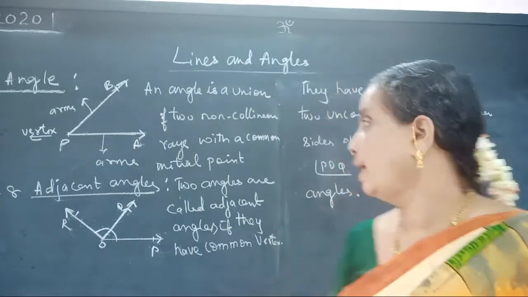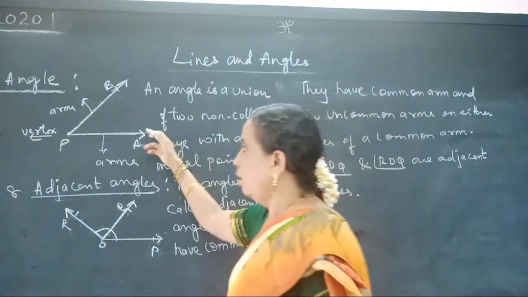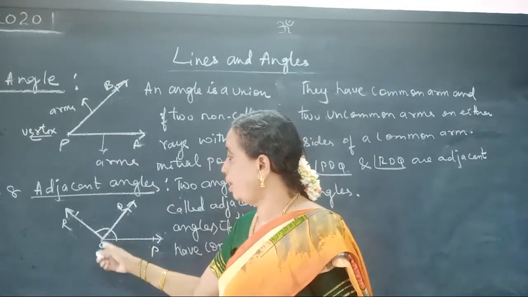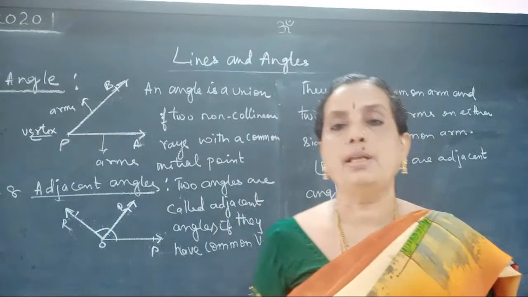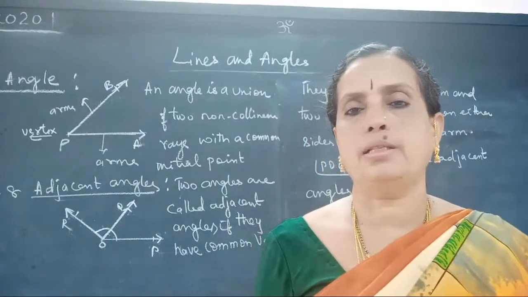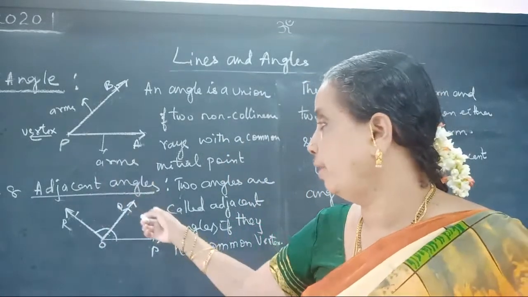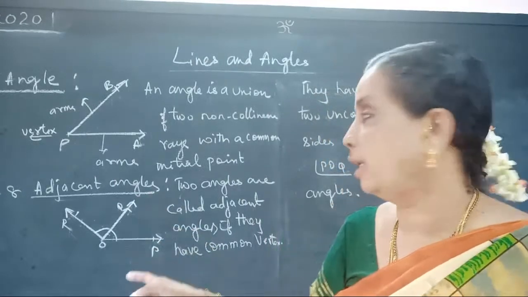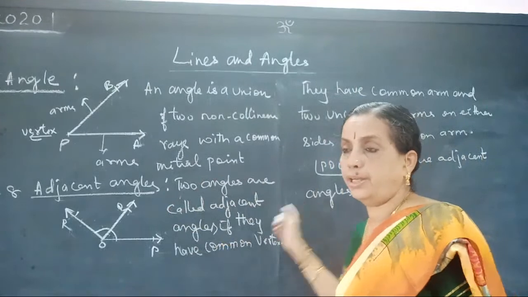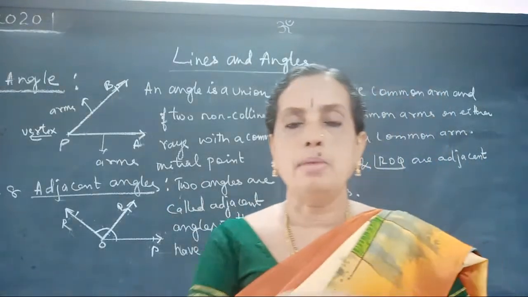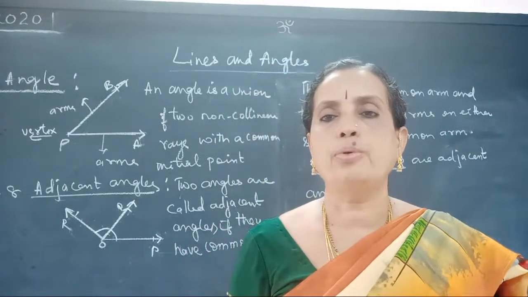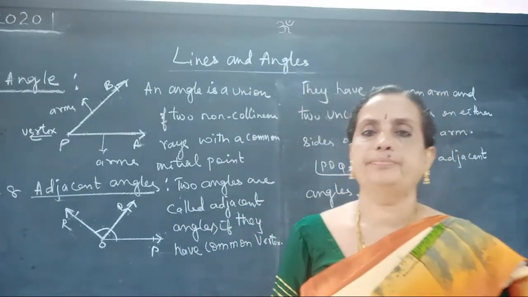Angles with a common arm and two non-common arms with a common vertex are said to be adjacent angles. With the definition and the figure, if you are confused, you can take the figure on the right side of your working column, make a margin and show your notes in a beautiful way. Okay?